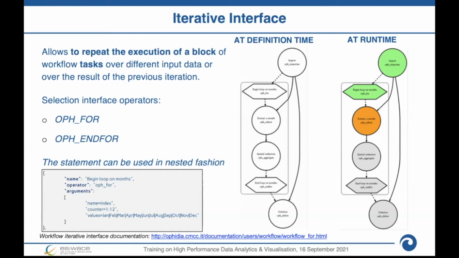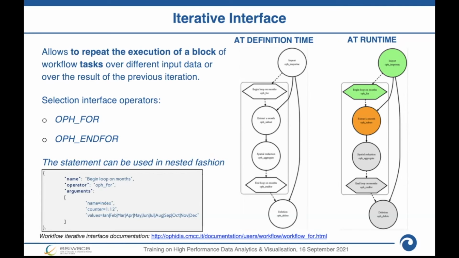The loop abstraction can be used to repeat the execution of a block of tasks over different data, or, for example, it is useful in the case the results of an iteration depend on the previous one. The OPH_FOR and OPH_ENDFOR operators are used to define the blocks of tasks that have to be run for each iteration. Of course, the tasks within an iteration can still be run concurrently according to their dependencies.